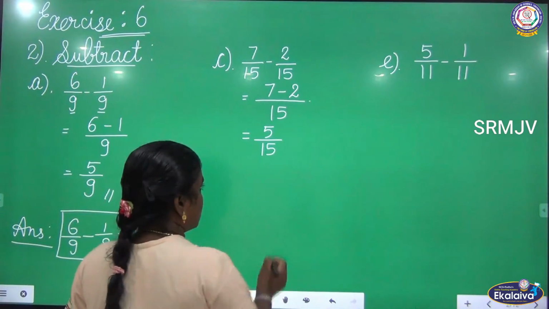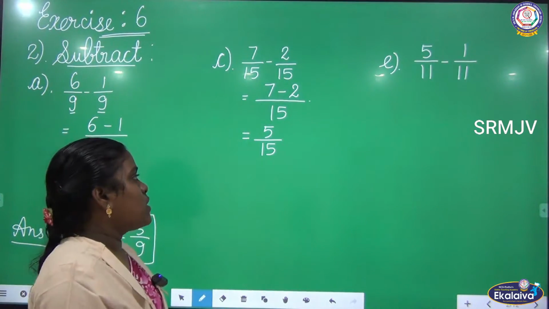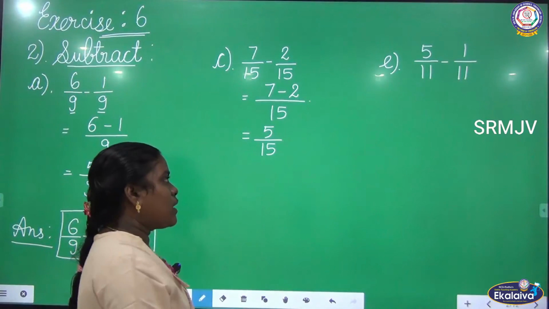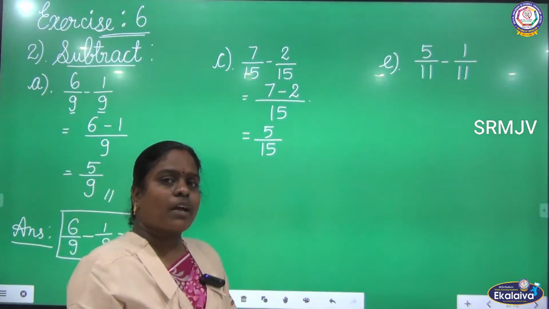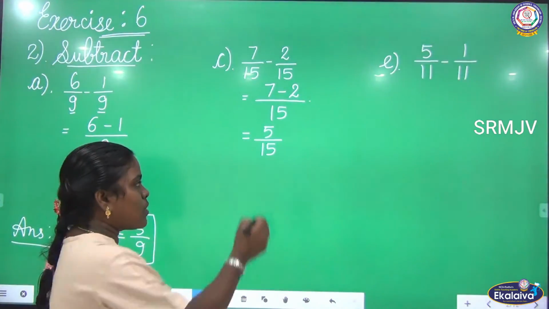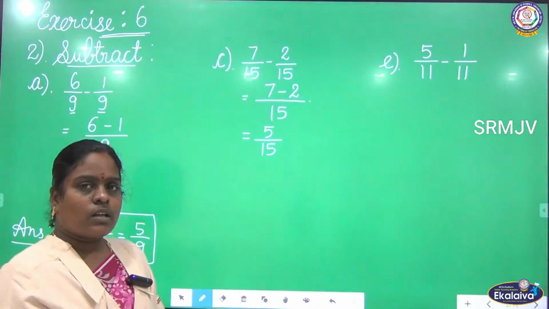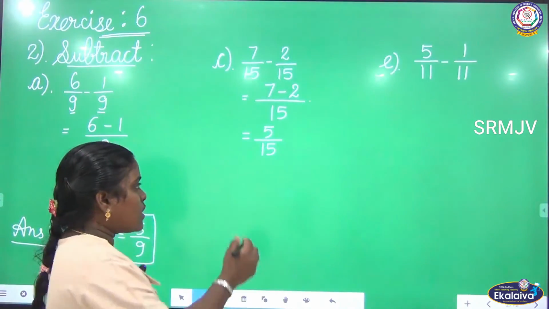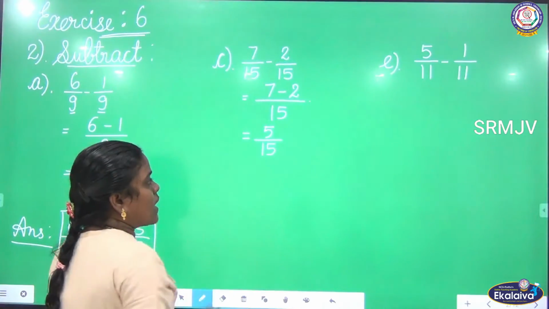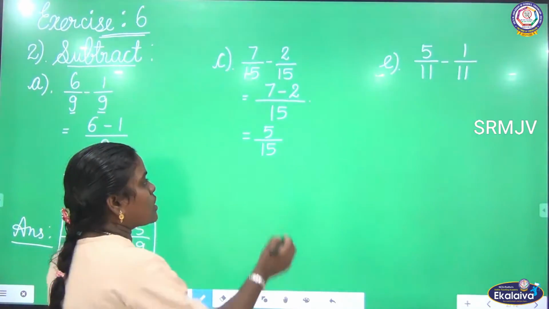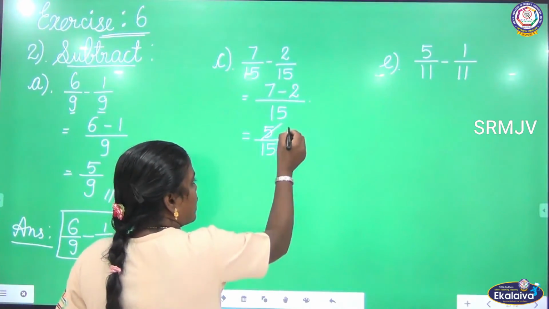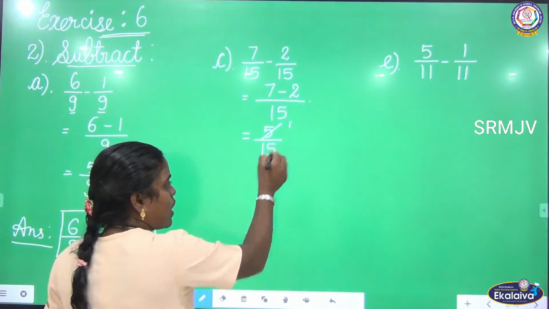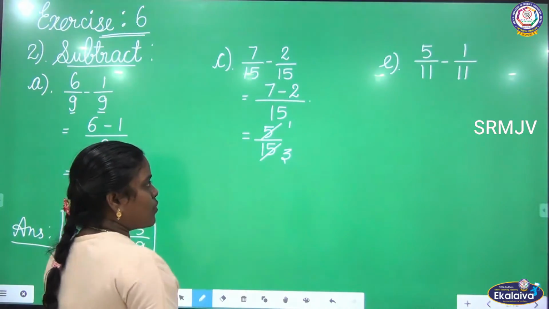Children, can you find the common factor for the term numerator and the denominator? That means, can you find the common factor for the numbers 5 and 15? Yes, the common factor is 5. So we can cancel these terms by using 5 times table. 5 ones are 5 and 5 threes are 15.